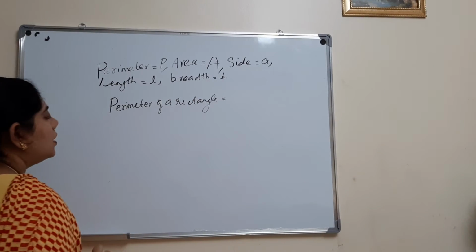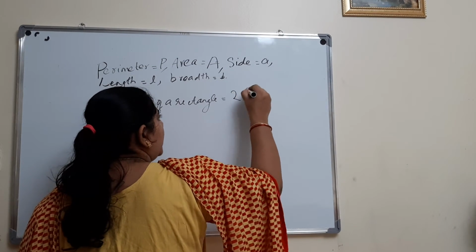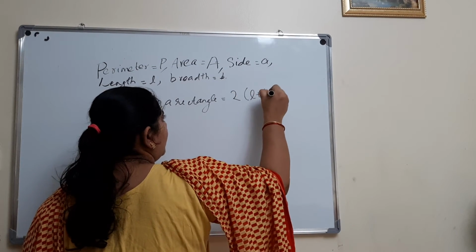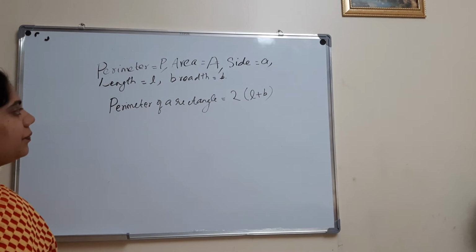Perimeter of a rectangle is 2 into (L plus B).